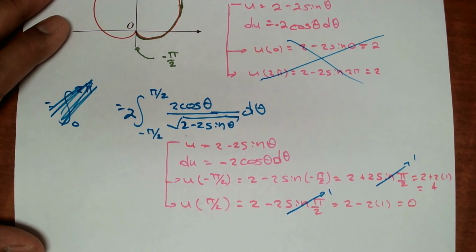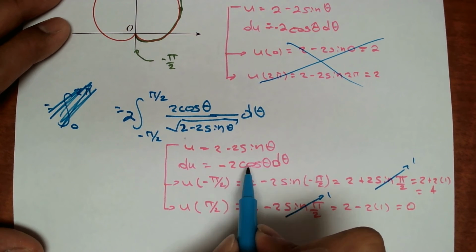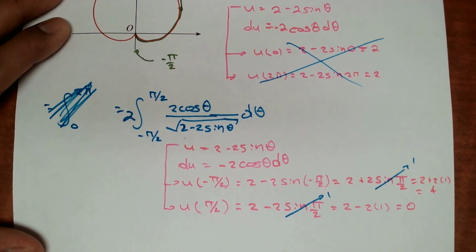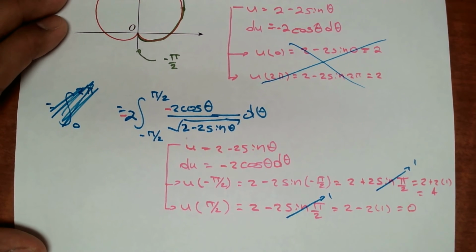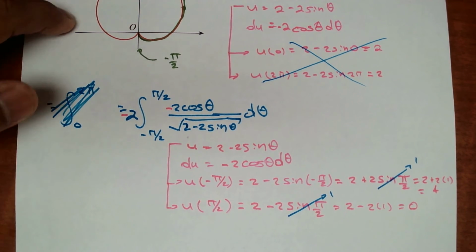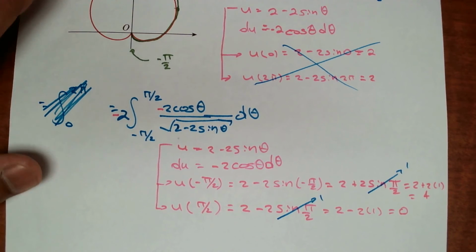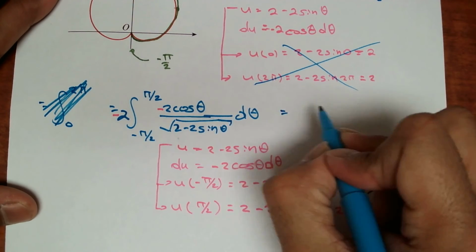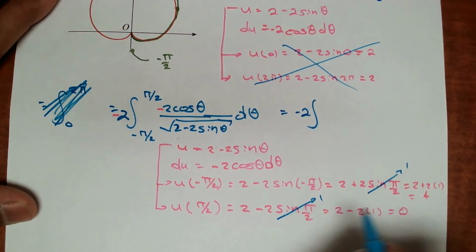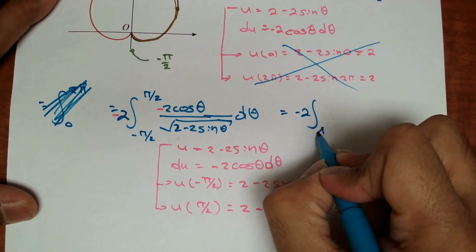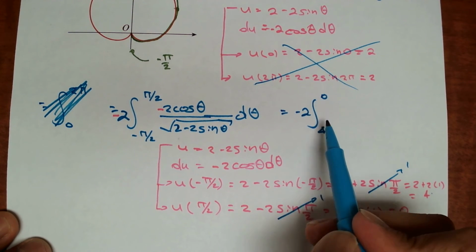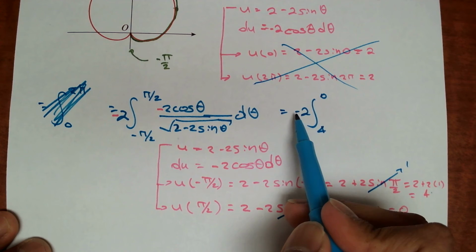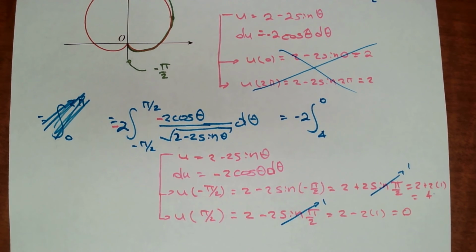Now for the compensation here, notice 2 cosine theta d theta requires a negative, provided we multiply by negative 1 outside. When we evaluate this integral, this will be negative 2 times the integral from 4 to 0. I know the upper limit is smaller than the lower, but you can reverse the order of the limits provided you change the sign. I'm going to leave it like this, it's fine.